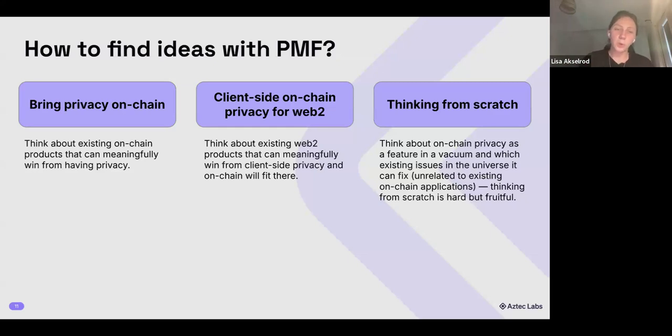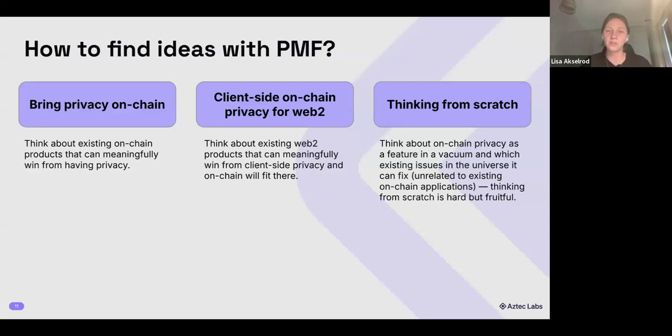So how to think about it? What we have in our case with Noir, with maybe Aztec, we have programmable client-side on-chain privacy. The first area to look in, to fish in, is existing on-chain applications. So far, most blockchain applications are transparent.